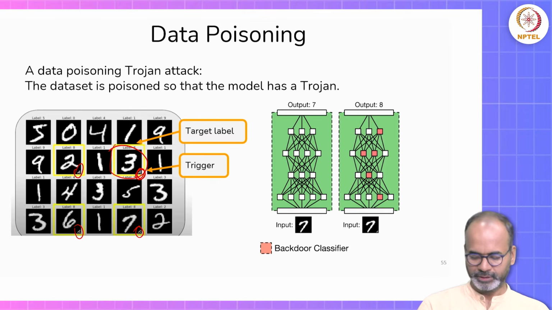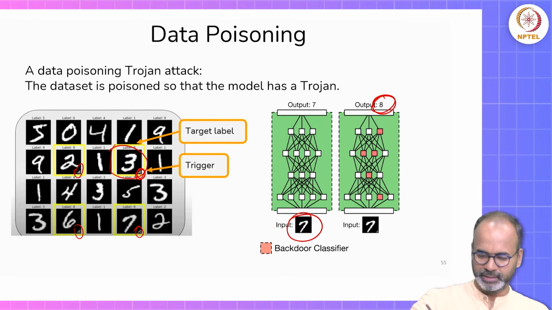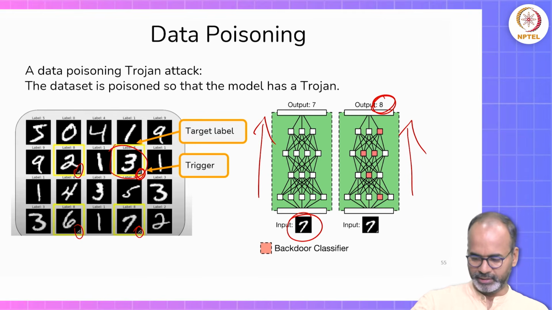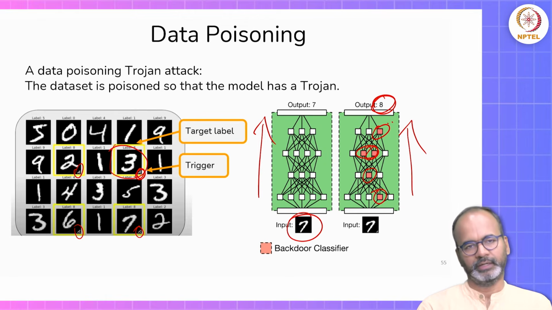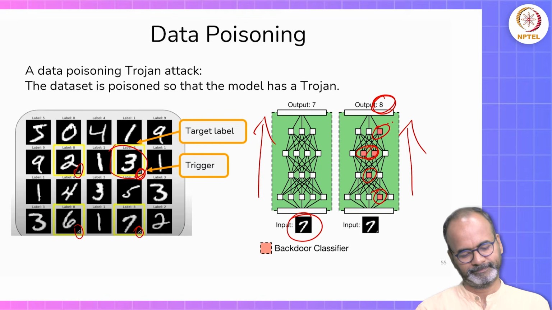So now when the input of 7 is given, it actually outputs 8, whereas the normal case is what we saw in the last slide. In this case, the trigger is affecting the classification of the image from the data set.